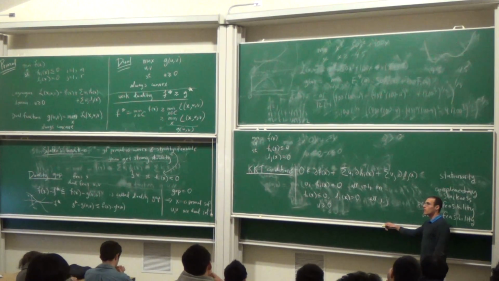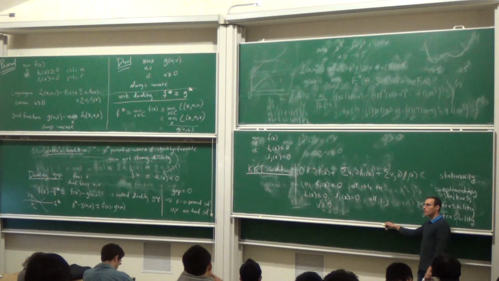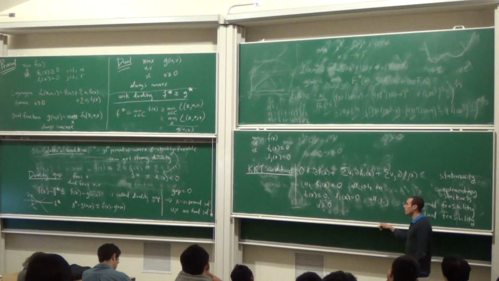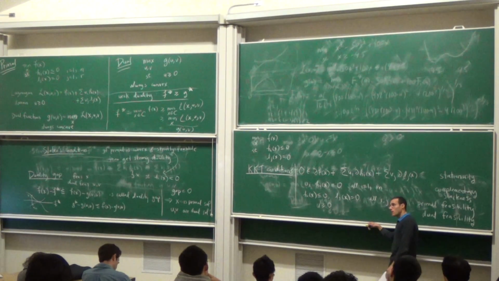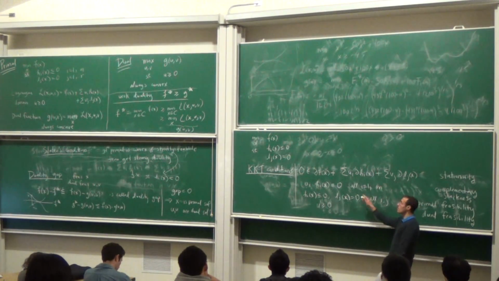If I take the subgradient of the Lagrangian with respect to x, and I treat u and v as constants, all this is saying is that 0 has to be a subgradient of the Lagrangian. What does it mean for 0 to be the subgradient of a function? It means that function is minimized at that point. We learned that when we learned about subgradients. If 0 is a subgradient of f of x, it means that x is minimized at that point. So this is saying that at the point u, v, x has to minimize the Lagrangian.